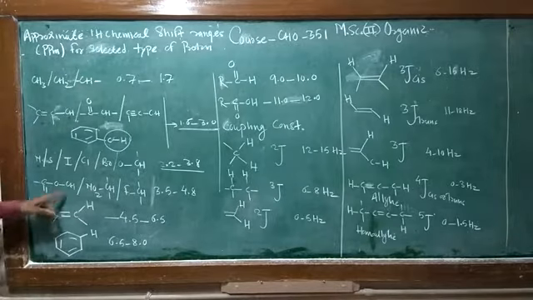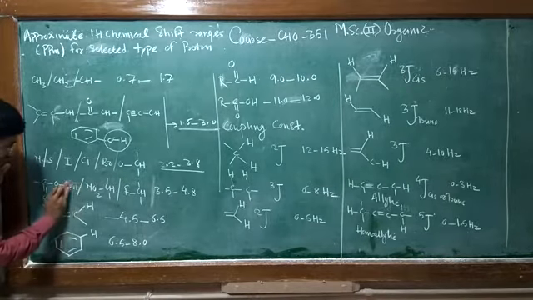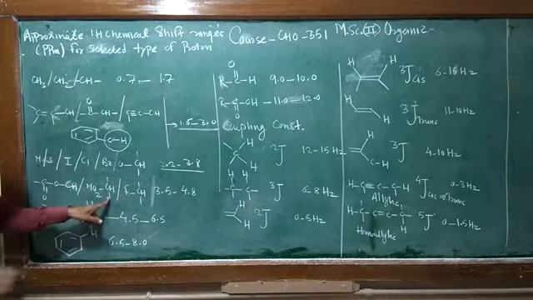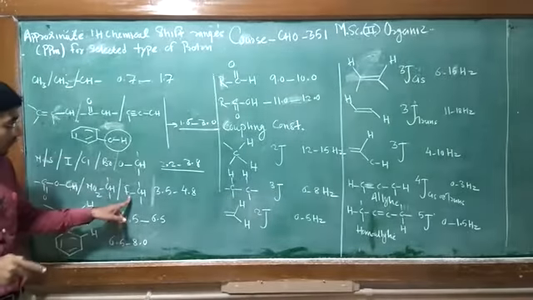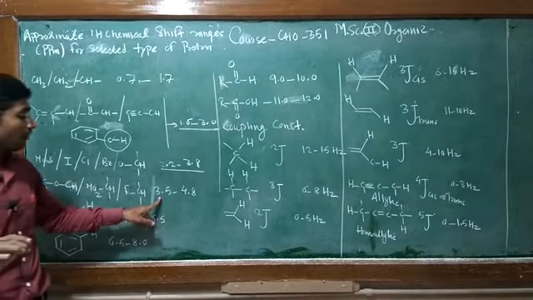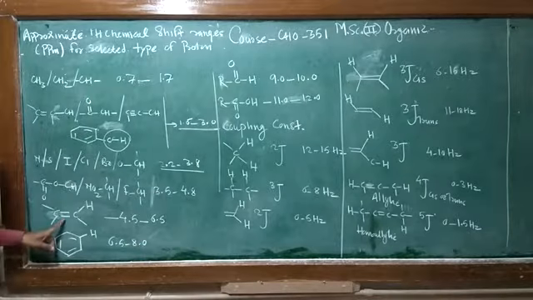Then, when the proton is attached to a carbon bearing a nitro group, or fluorine, one of the most electronegative elements in the periodic table, we observe the chemical shift value 3.45 to 4.8.